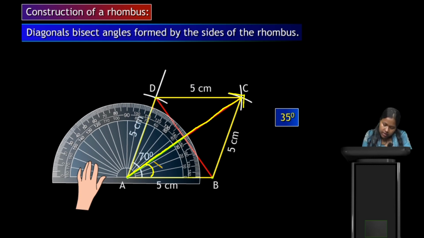How can you see it? Only this side angle, angle CAB, how much is this? This is 35. As the full angle was 70, 70 minus 35 is again 35. So angle CAD is also 35 degrees. So that means AC diagonal is bisecting the angle DAB.